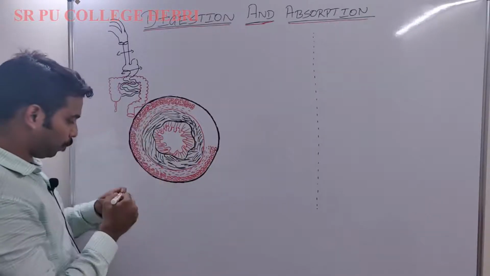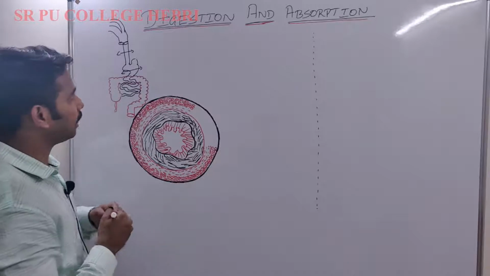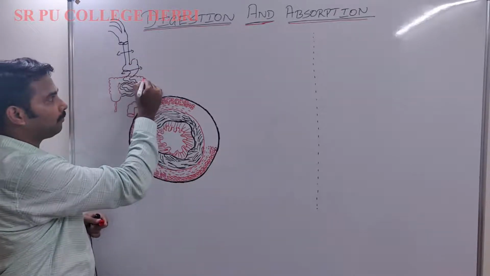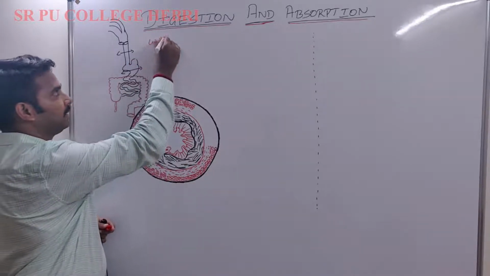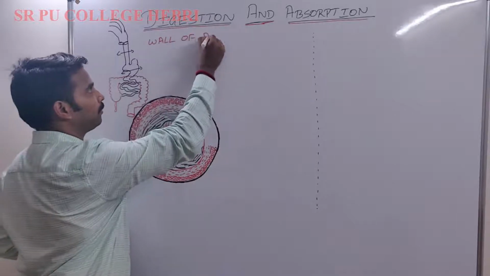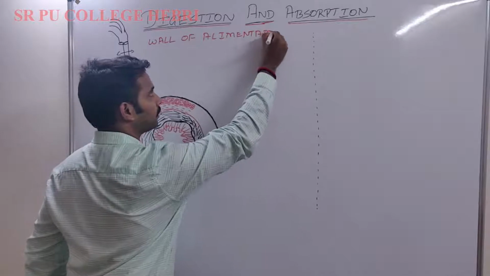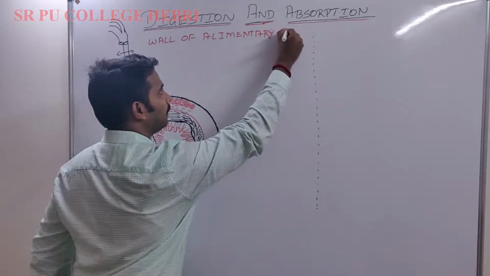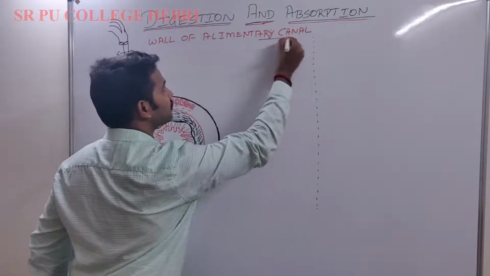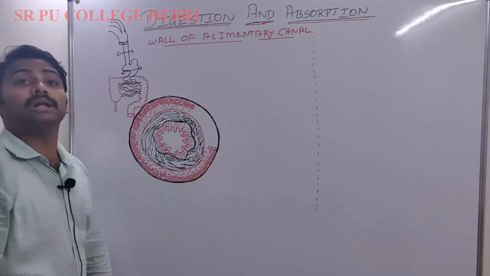If you observe that under the microscope, the wall of the alimentary canal is made up of 4 layers.